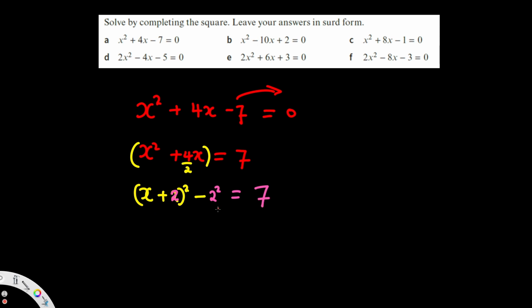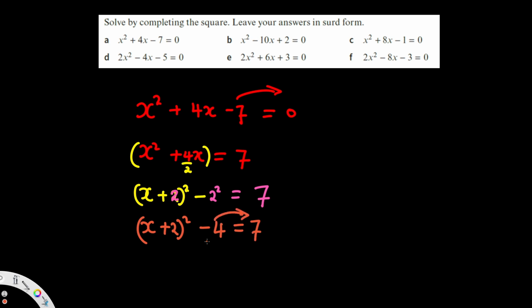So it's going to be x plus 2 squared minus 4 equals 7.